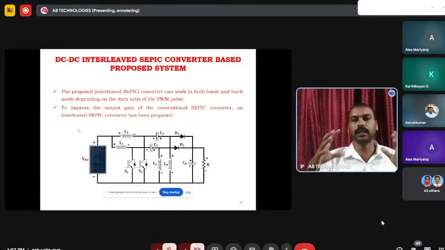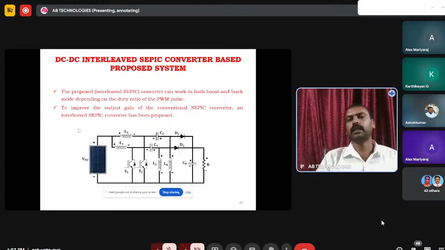So cumulatively, the interleaved SEPI converter can boost up to 10 times. Suppose you give 100 volt to the input of the converter, it can provide up to 1000 volt, but at a duty cycle of 98%. Here my aim is to limit the duty cycle within 55% or 60%.